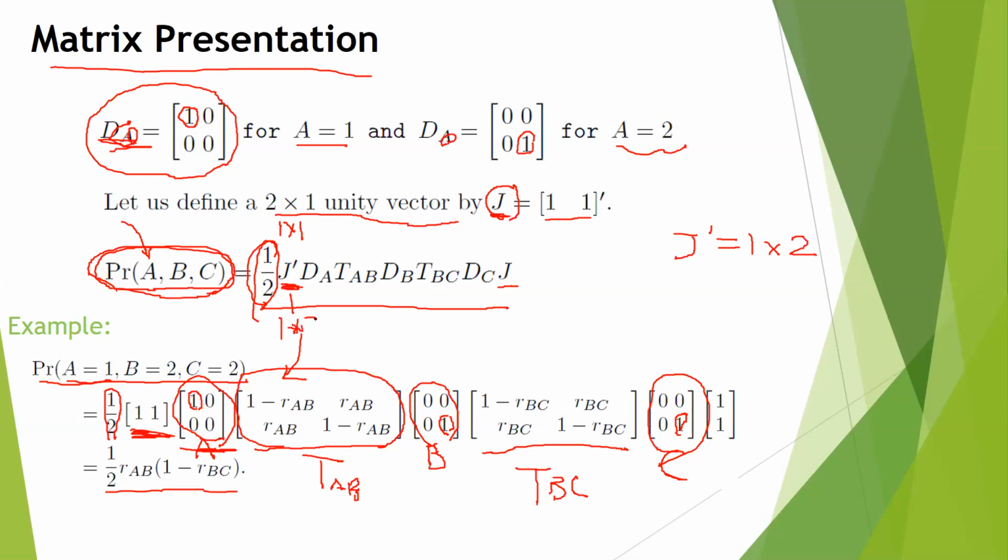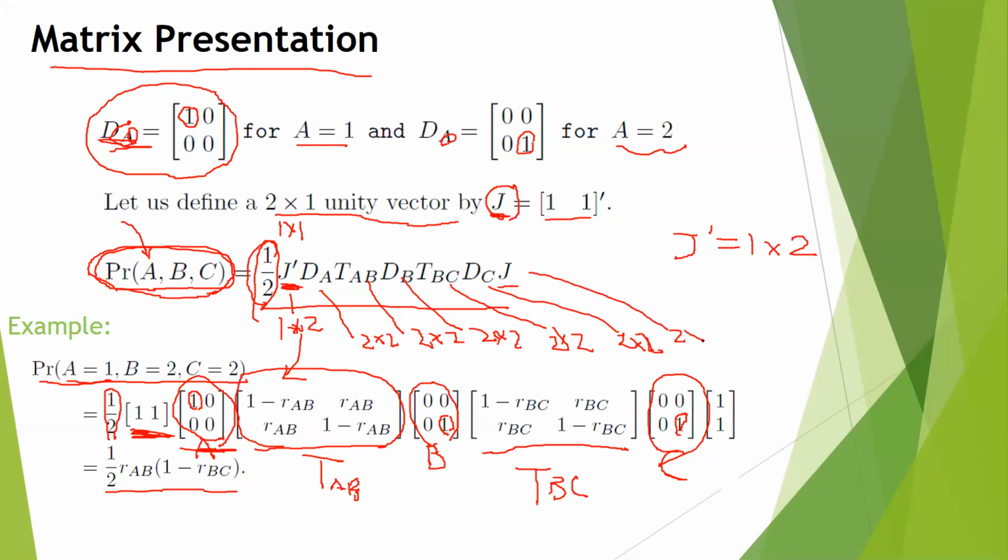And D is 2 times 2, right? And this is also 2 times 2, and this is also 2 times 2, and 2 times 2. And now this is 2 times 1, right?